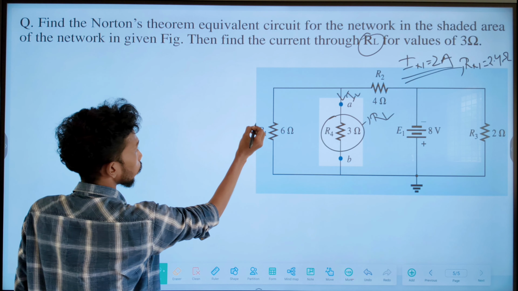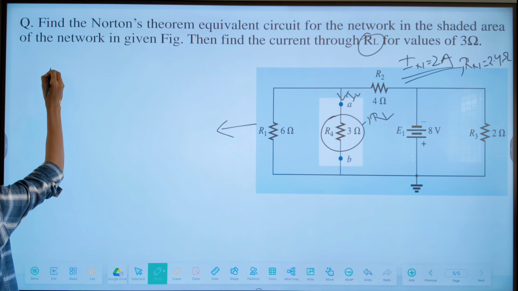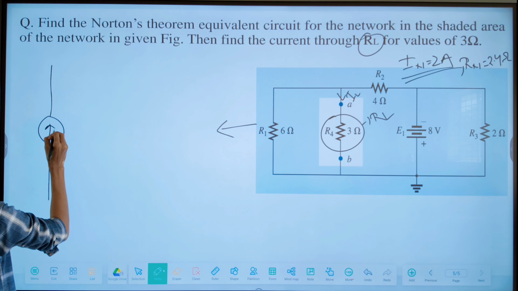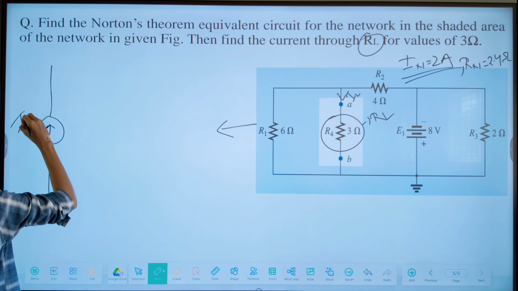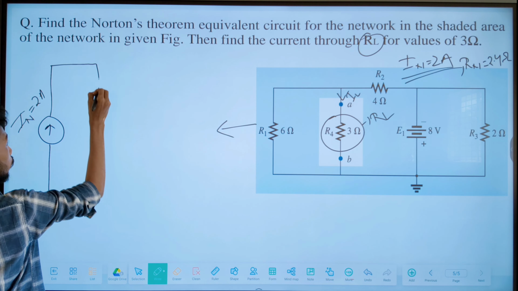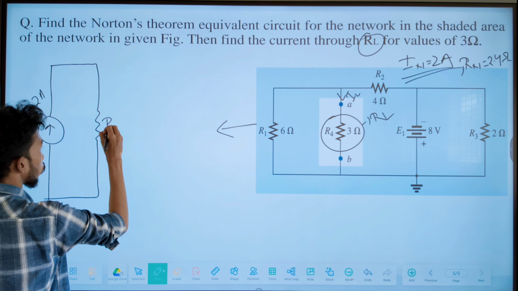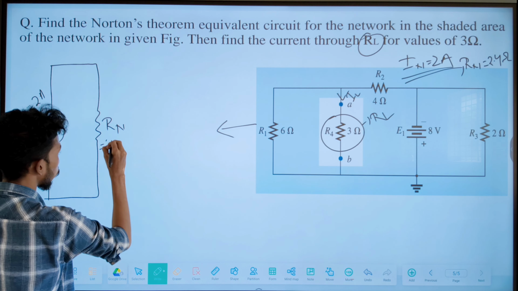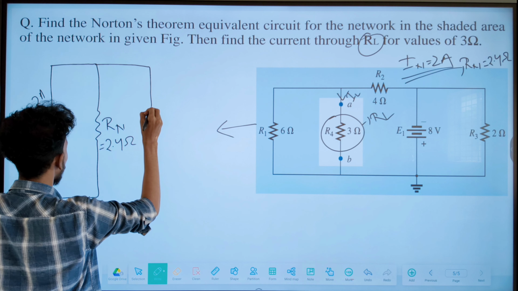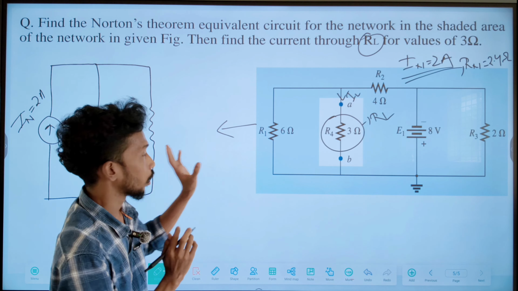So now the final circuit looks like this: one current source, that will be our IN, and that IN equals 2 ampere, and one resistance that will be our RN, the total equivalent Norton resistance, that is our 2.4 ohm, and one load resistor parallel with both of these. That will be our 3 ohm resistance.